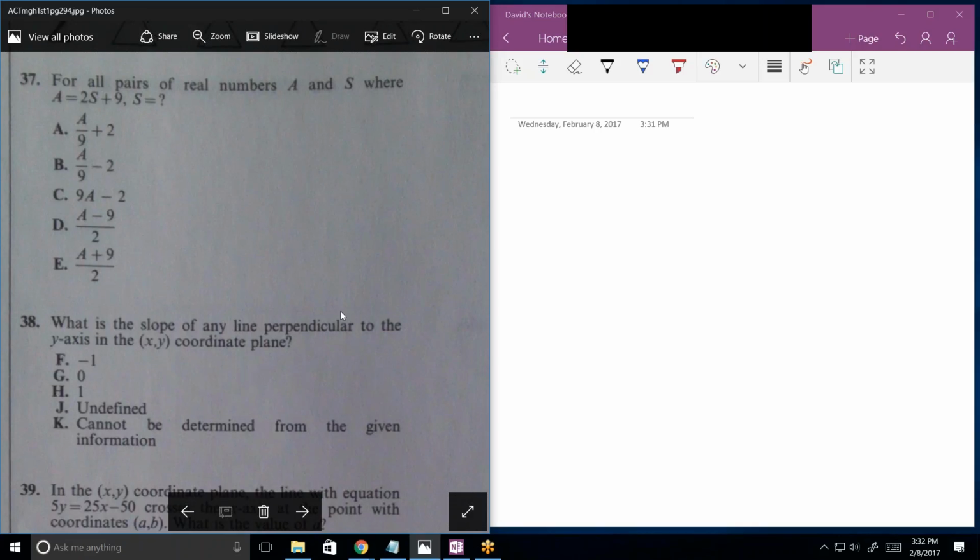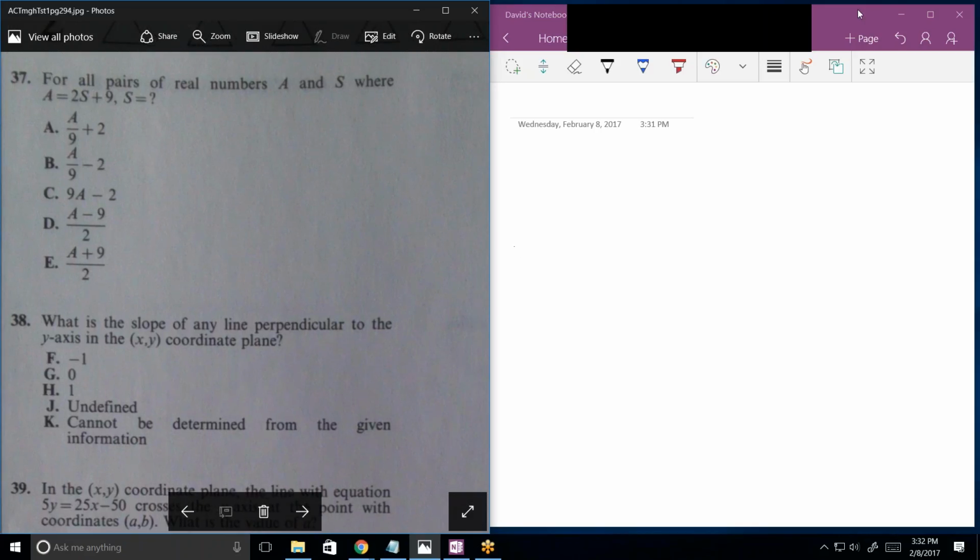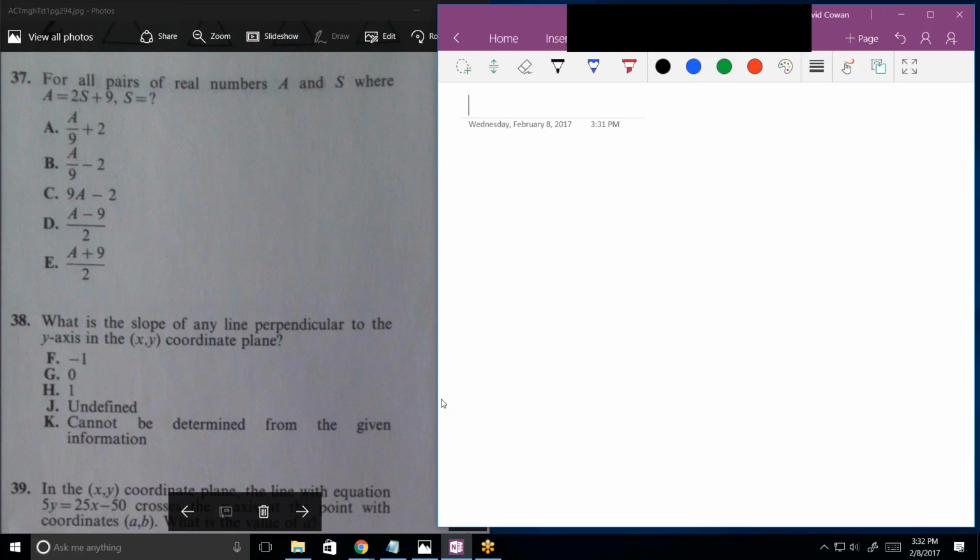Whatever you do, you're taking this test Saturday, so make sure you get a good night's sleep. It's a long test, like a 3.5-hour test, I think. The biggest problem you're going to face is getting tired and losing mental focus, so whatever you can do to help that, you want to do.